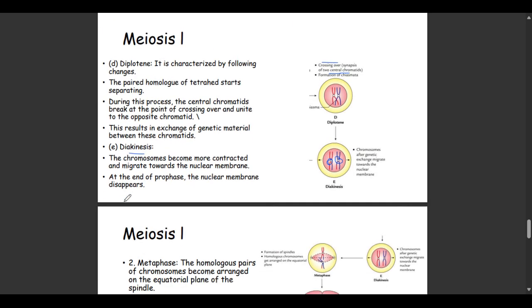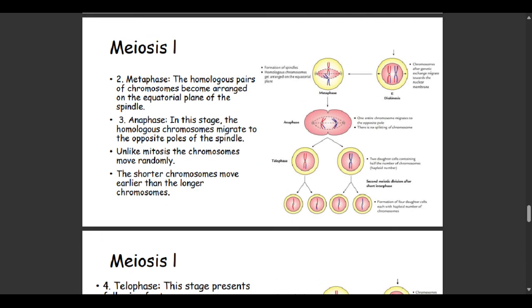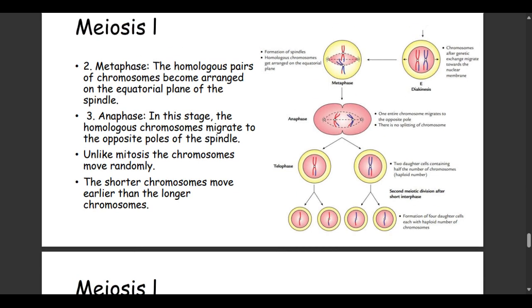metaphase. Okay, in metaphase the homologous pairs of the chromosomes become arranged at the equatorial plane of the spindle. And at this stage, we know that once the mitotic spindle is attached in metaphase, then in anaphase, the homologous chromosomes are going to migrate to the opposite poles of the spindle.